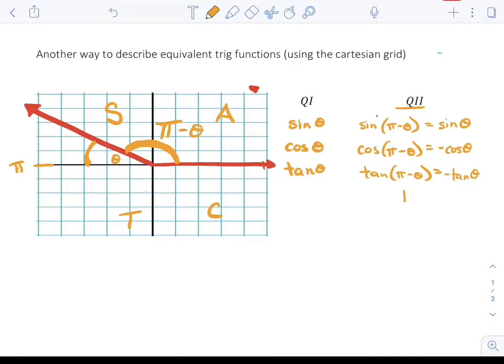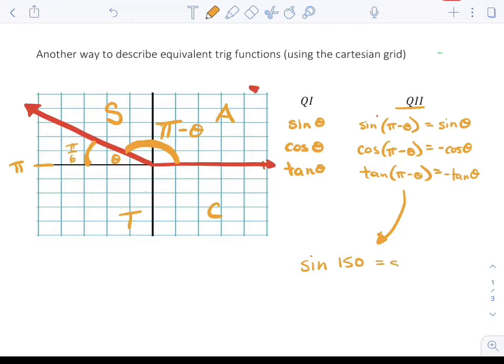So what does that mean? Well, let's take one of these ratios, sine, for example. Let's suppose the angle theta was 30 degrees, or pi over 6 if we were using radians. In degrees, that's like 150.